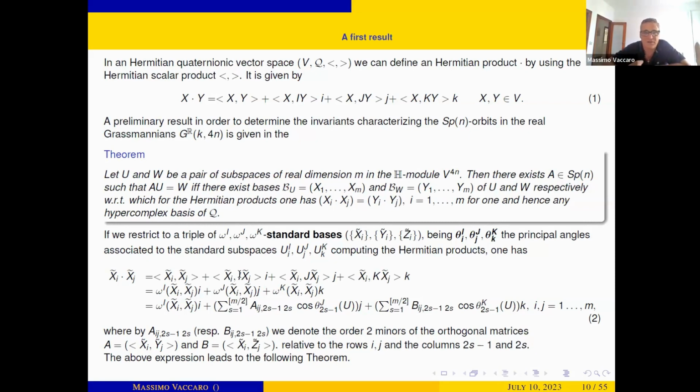So the beginning of the story is this preliminary result, which I already spoke about.